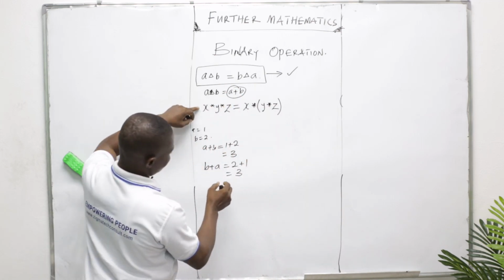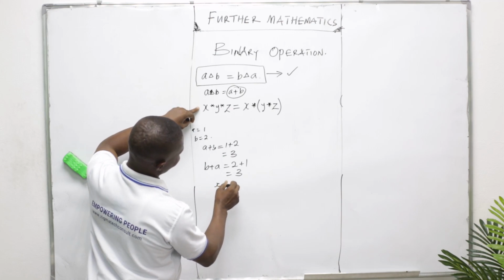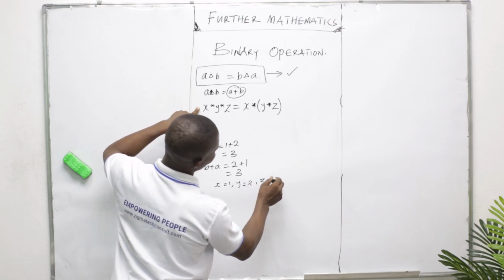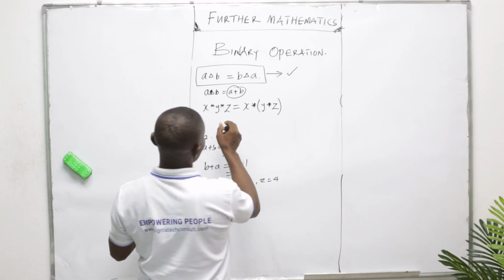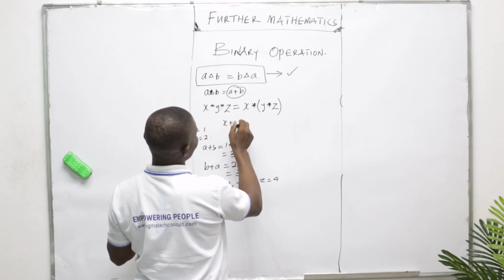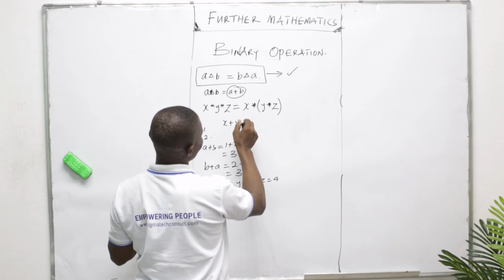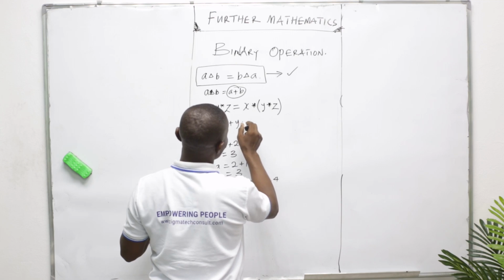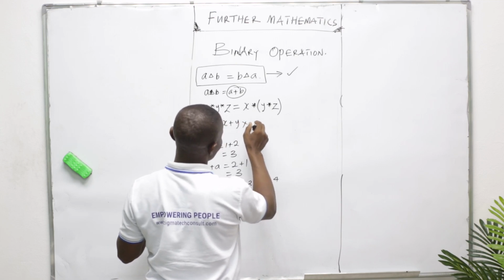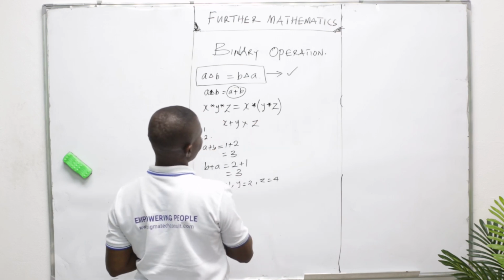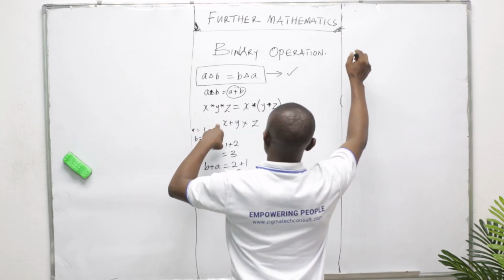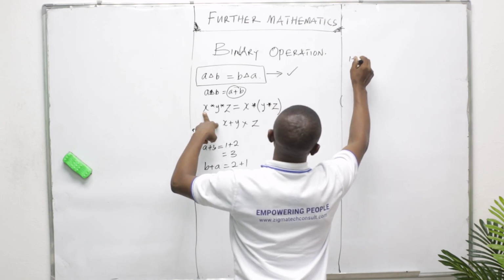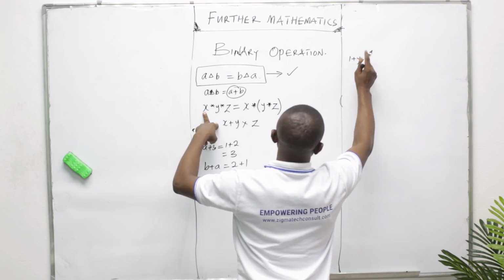Associativity, given that X equals 1, Y equals 2, Z equals 4. And we'll have a formula X plus Y times Z. Following this operation, 1 plus Y. What is Y?